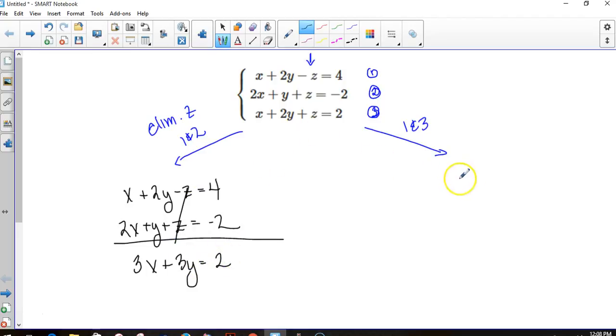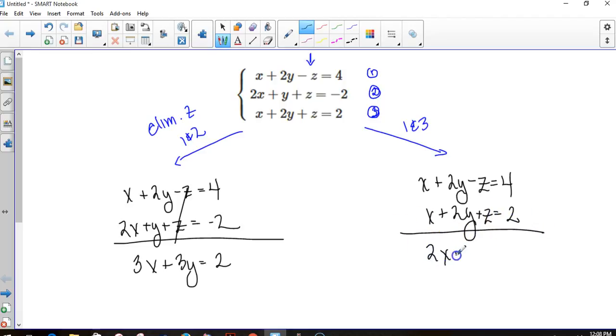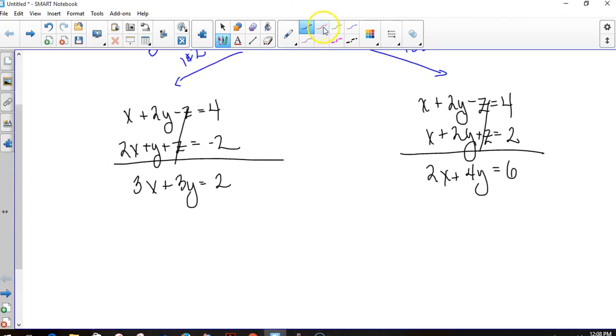Now when I do my elimination over here on the right with my first equation and my third, I'm also going to eliminate z. Then I'm going to pull these two together and create a 2D system.